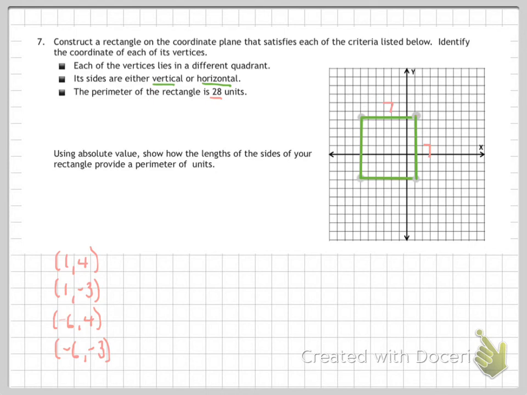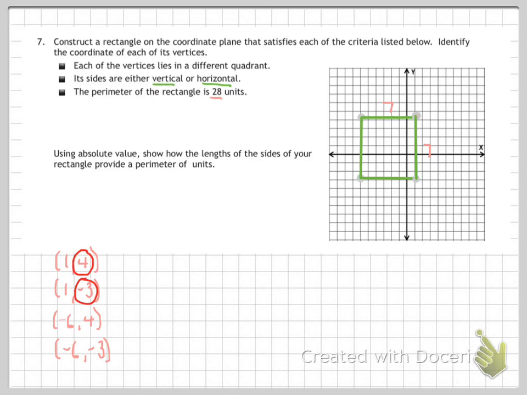Now I'm going to use absolute value to show how the lengths of the sides of the rectangle provide a perimeter of 28 units. So I can see here that my different values are my y values. So I have a 4 and a -3.